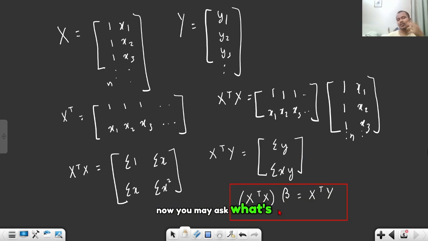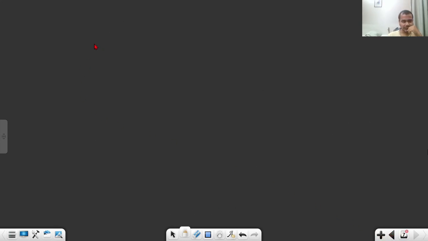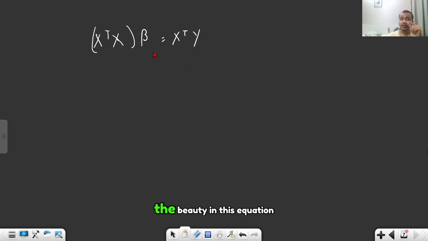Now you may ask, what's so great in this? Wait and see. So we have this equation, x transpose x into beta equal to x transpose y. The beauty in this equation is we can calculate the required values of slope and intercept in an instant without doing the long differentiation which we did. Why?